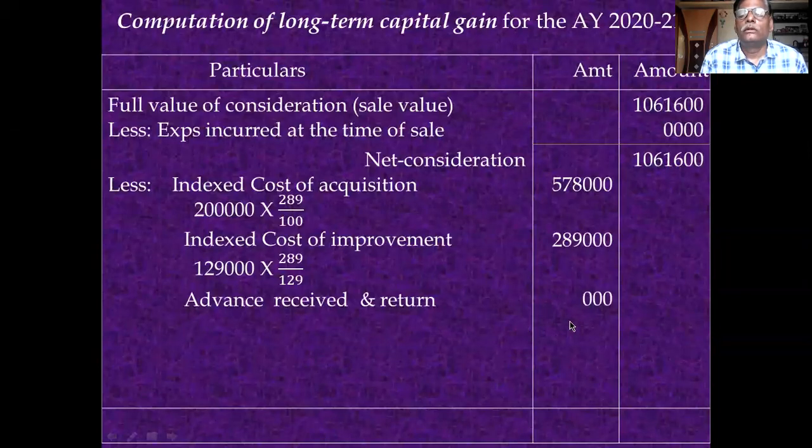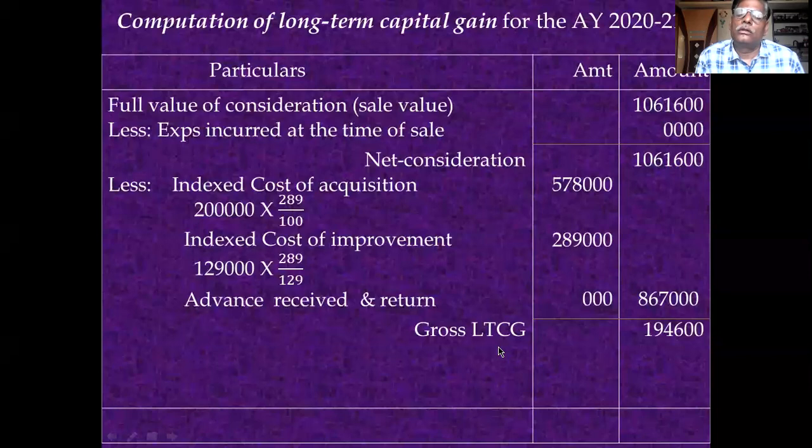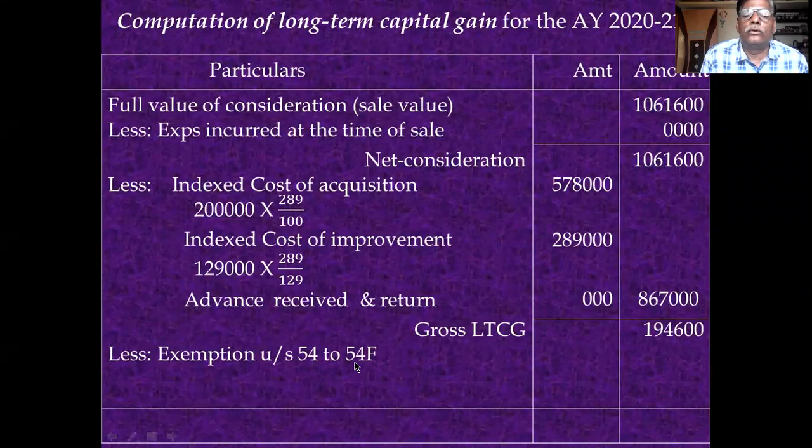Very simple. You take the total of the three to the outer column, and in the outer column you deduct. Whatever balance comes, this balance is called gross capital gain. If it is short term, you write as short term. If it is long term, it is long term. Then deduction or exemptions from 54 to 54F.